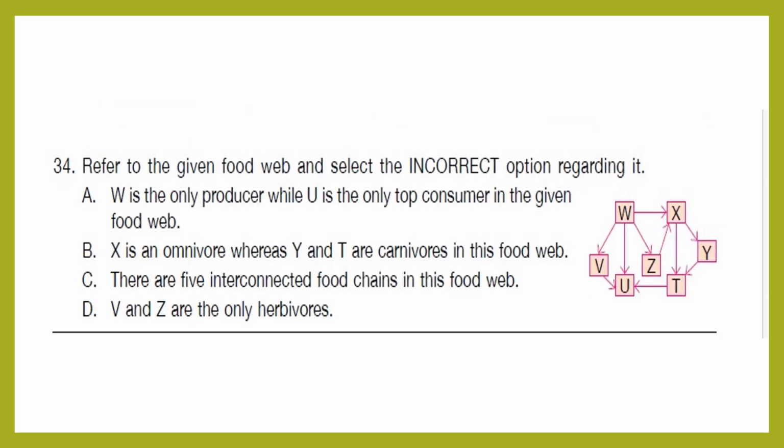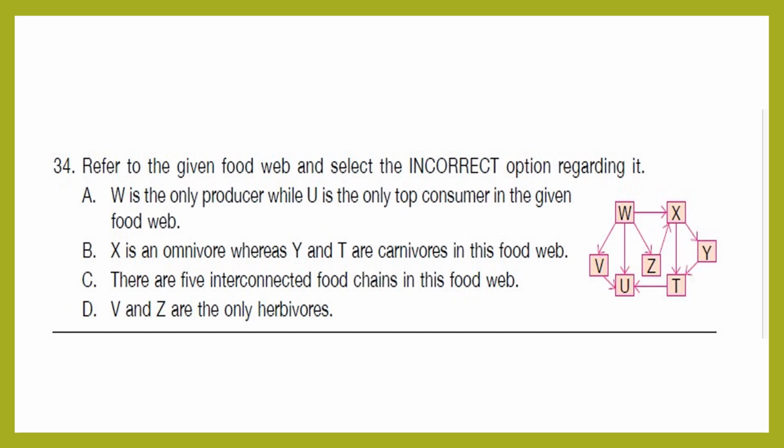Question number 34. Refer to the given food web and select the incorrect option regarding it. Option A. W is the only producer while U is the only top consumer in the given food web.